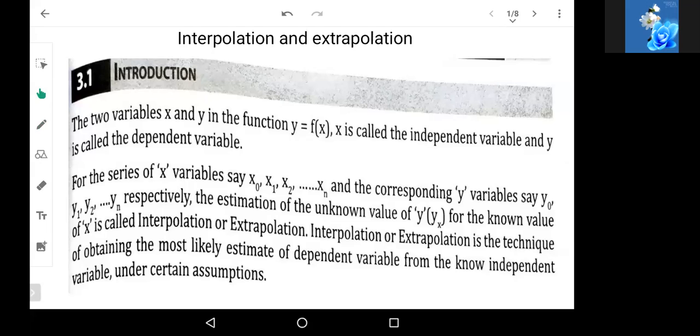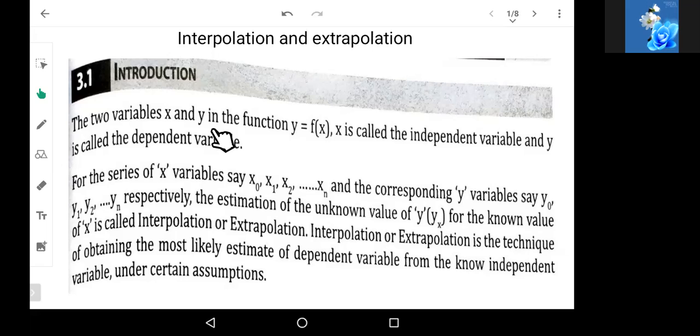Okay, so firstly we will have two variables x and y. Whenever we have two variables x and y, we can put them into a function. Function is a mathematical expression. So here variables x and y will be in a function of y is equal to f of x.